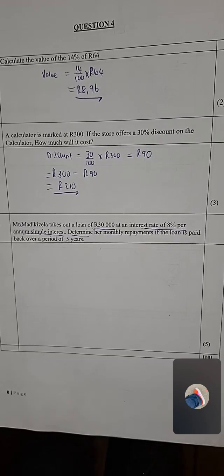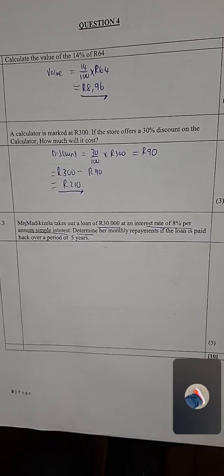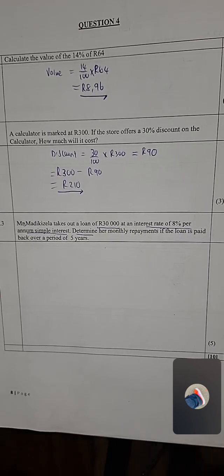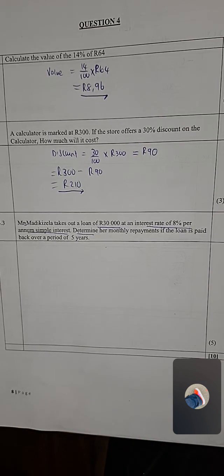Okay, the question says Mrs. Madikizela takes out a loan of 30,000 at an interest rate of 8% per annum simple interest. Determine her monthly repayments if the loan is paid back over a period of 5 years.